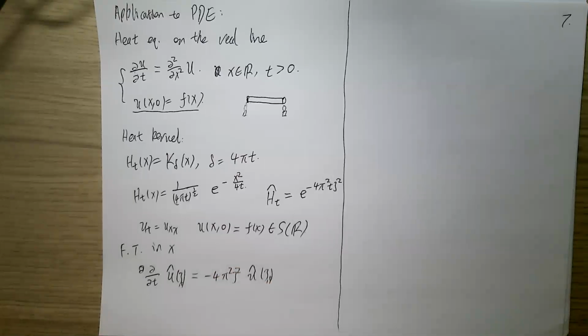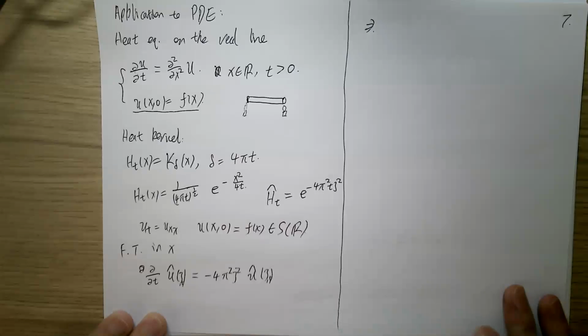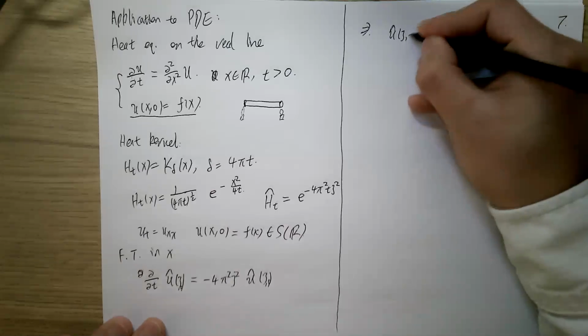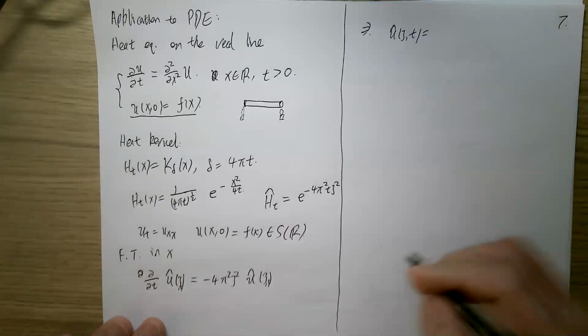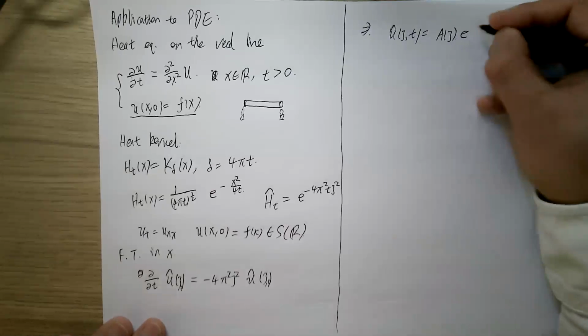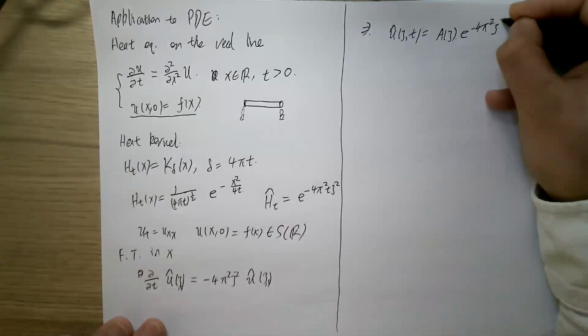So if we take the Fourier transform of this heat equation in x, what we get is an ordinary differential equation. So we can get u hat of (xi, t) equal to A(xi) e to the power minus 4 pi squared xi squared t.